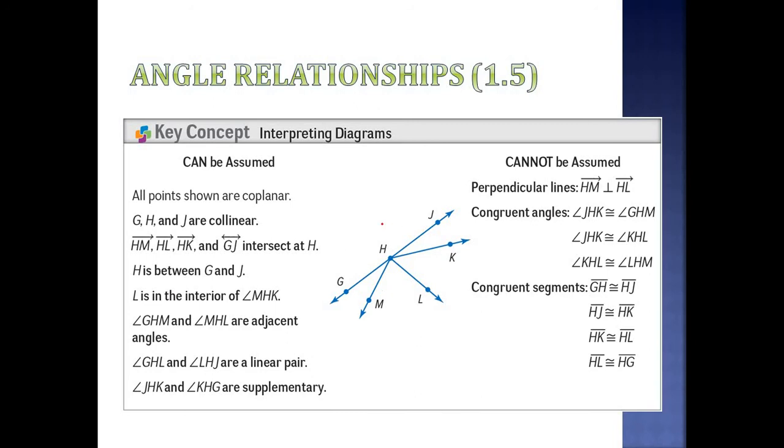In this diagram, things that you can assume are that all of these points are coplanar. You can assume that points G, H, and J are collinear. You could assume that these 4 rays, HM, HL, HK, and line GJ intersect at point H. You could say point H is between G and J. That's section 1.2 when we talked about betweenness of points.